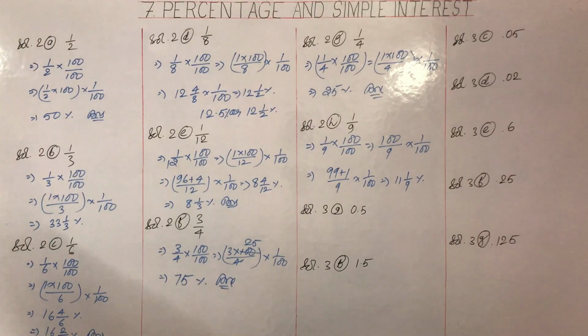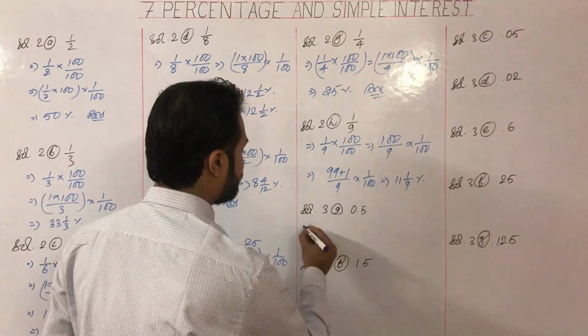Next, question number 3. Express each decimal as a percent. For decimals, we know that we just have to shift the decimal point to the right side. But let's check. 0.5.